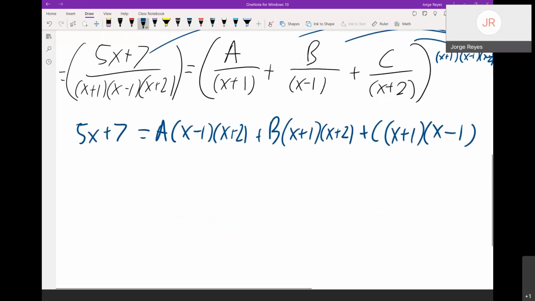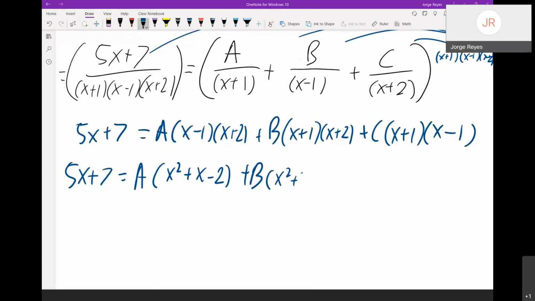All right, so then you FOIL everything out, sort of. The 5x plus 7 stays here. The A term is going to be x squared plus x minus 2. The term next to the B is going to be x squared plus 3x plus 2. And the C term is going to be x squared, just kidding, x squared minus 1.